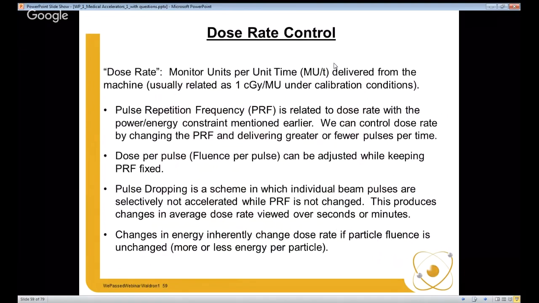Now, we talked about how we control energy when we were considering LINACS and accelerating structures. So now we're going to talk about dose rate control. In order to get a beam out of my accelerator, I need 2 things present in the accelerator at the same time. I need some electrons, and I need an accelerating potential in the form of that short burst of electromagnetic energy.